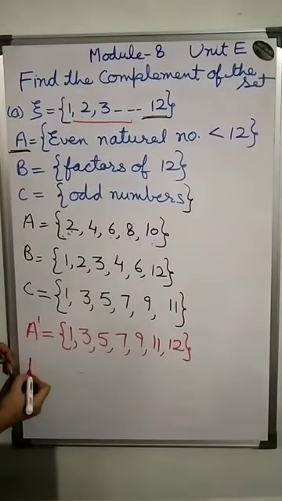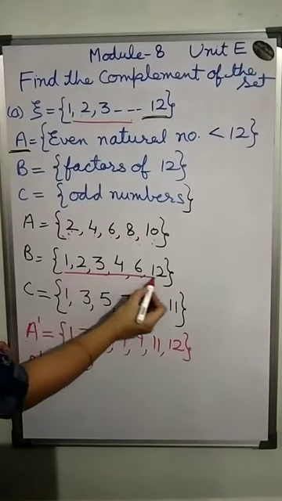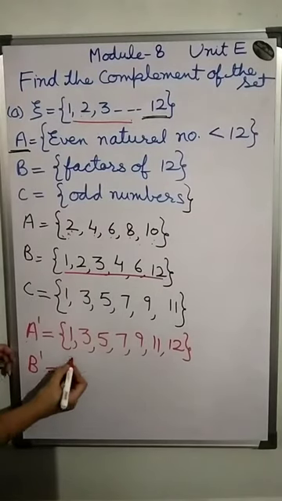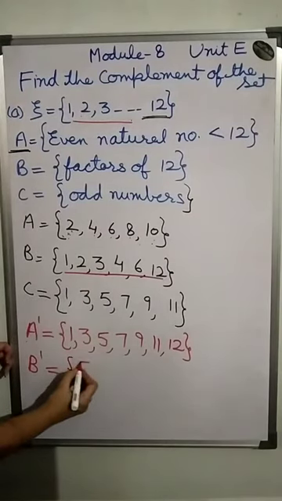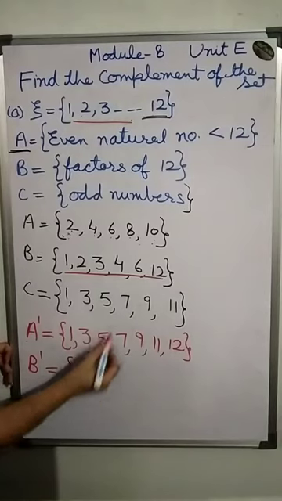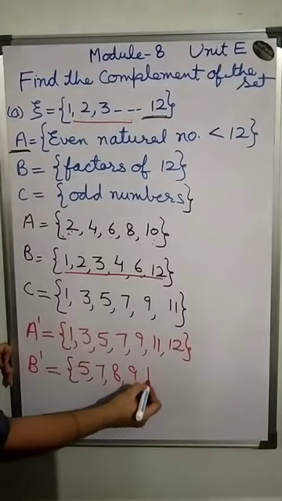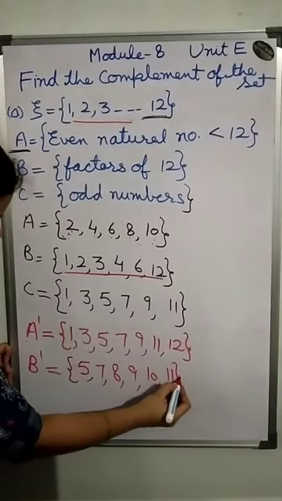Now B dash. B dash is what? Other than these elements, you write all the elements from the universal set. So it is 1, 2, 3, 4. Here I have written 5. 6 is there. 7, 8, 9, 10 and 11.